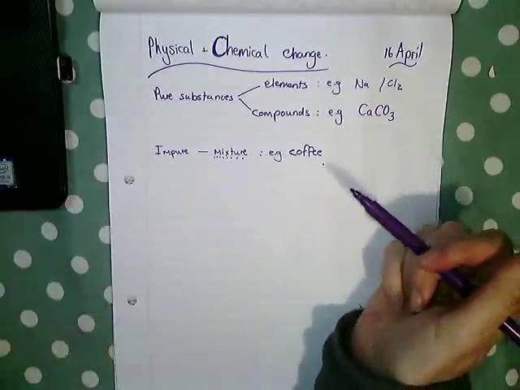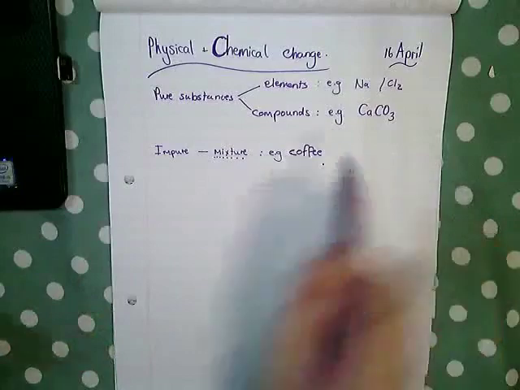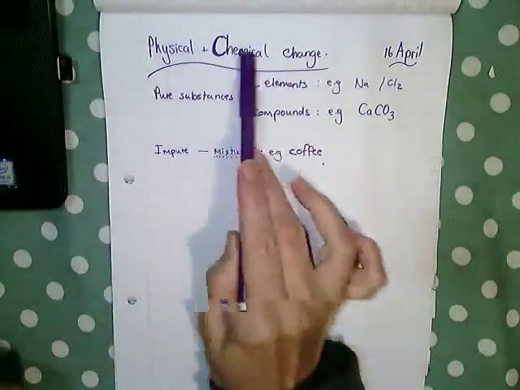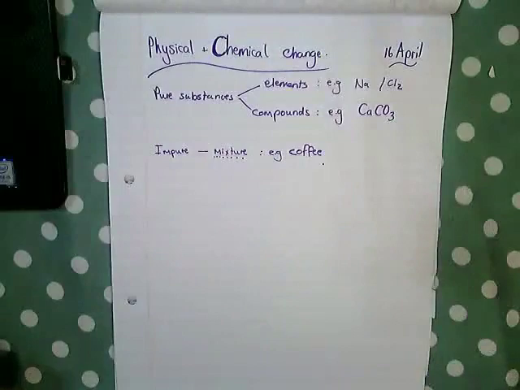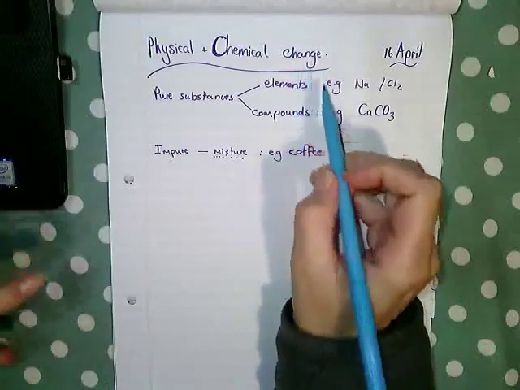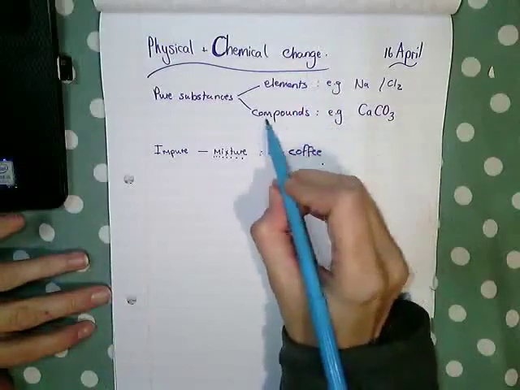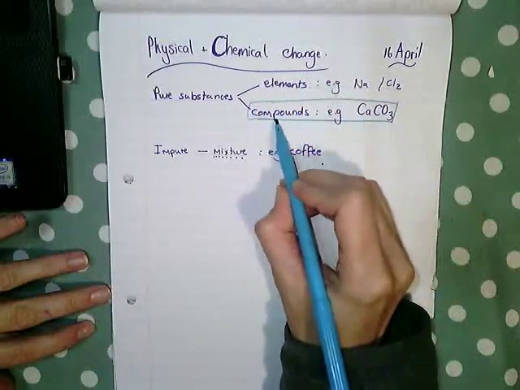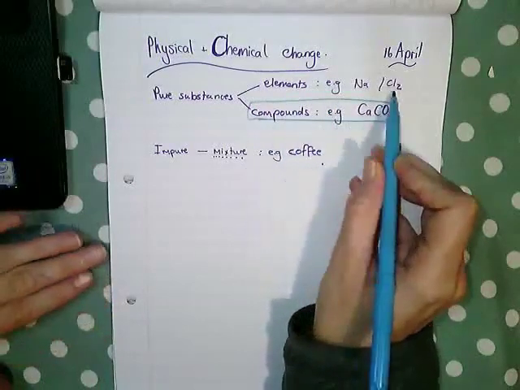Now, when they ask you whether a certain change is physical or chemical, you need to look at whether that change changes compounds. Does it make a compound something completely different?